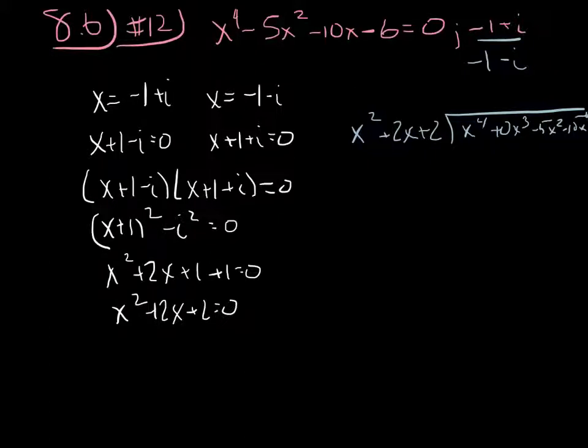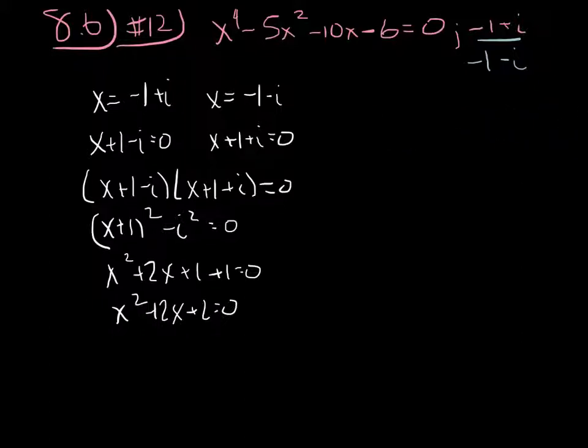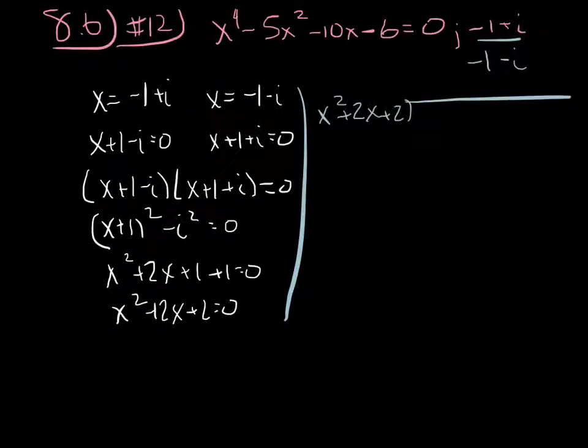Okay, that's kind of all out of whack, so let's move it over. Let's try this again. So over here, I've got x squared plus 2x plus 2, dividing it into x to the fourth plus 0x cubed minus 5x squared minus 10x minus 6.